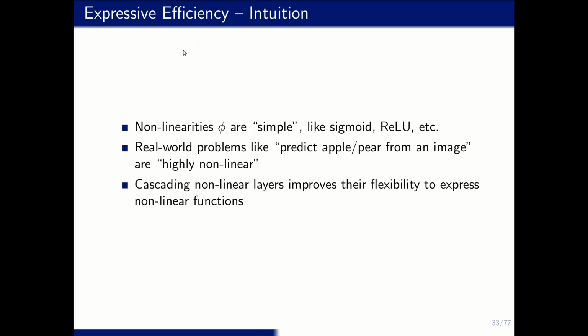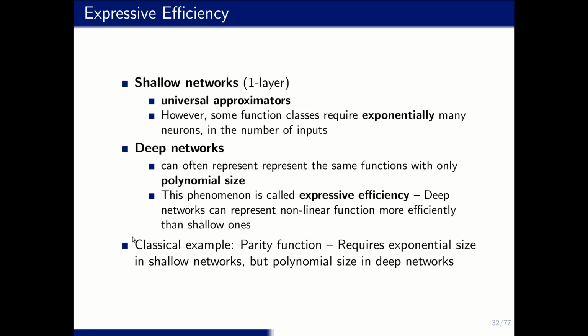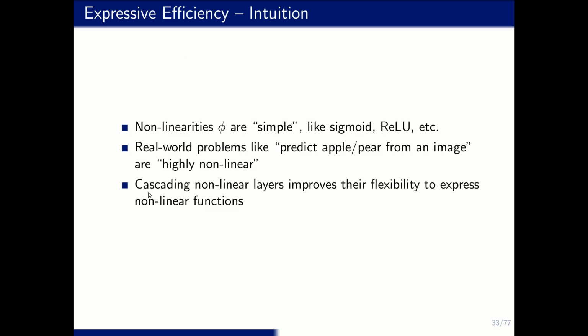These are theoretical results, so just to give you an intuition, imagine what we are doing when we are looking at a single-layer neural network. As we saw, the nonlinearities we are considering are simple, like sigmoid functions, these S-shaped functions, or ReLU functions, rectified linear units, which are piecewise linear.